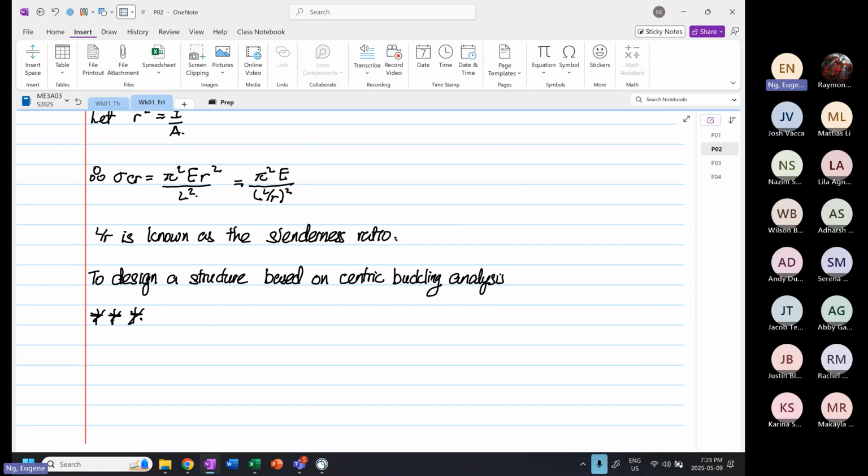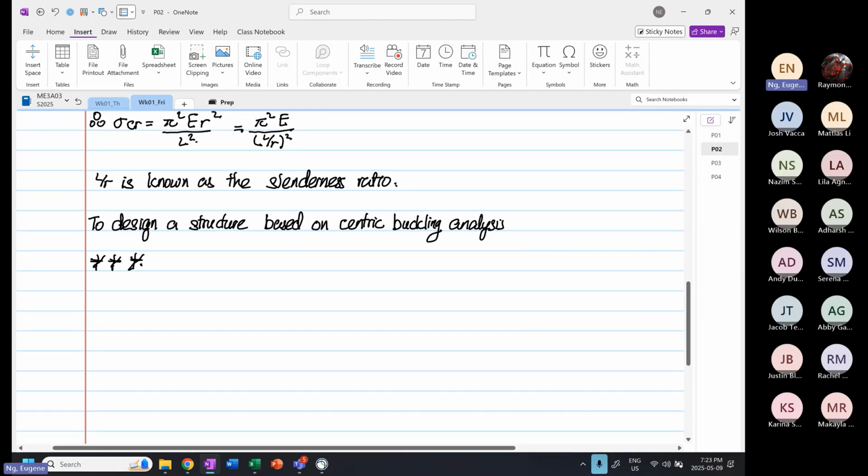The first thing we do is we calculate PCR, which is equal to pi squared EI over L squared. This is the critical load.